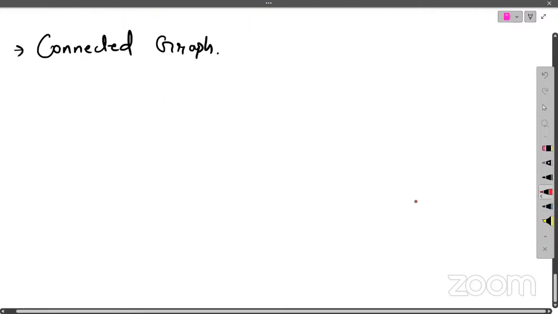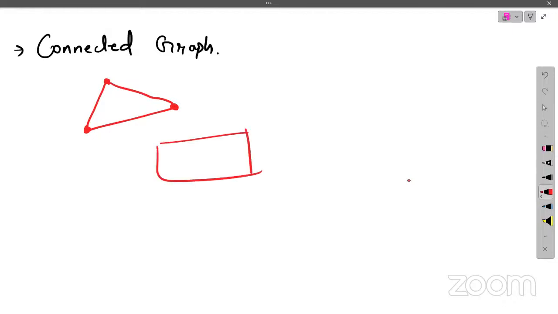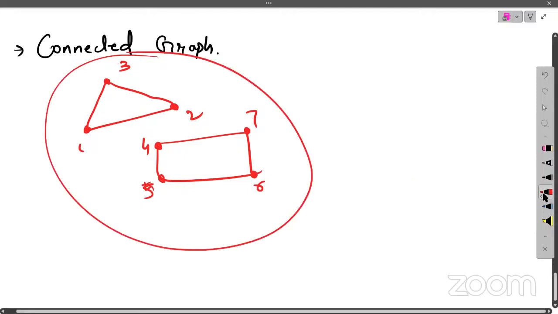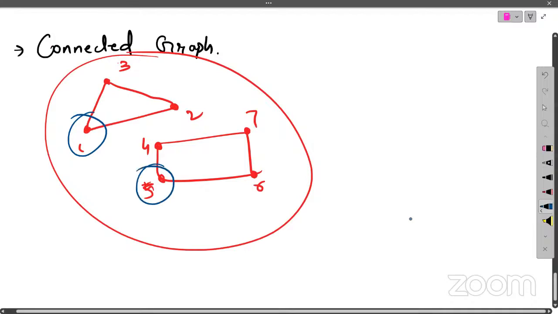But if I give you a graph like this, suppose I have this type of graph. There are 7 vertices and the edges are denoted like this. Now this whole picture is your graph. Here, we cannot reach vertex number 1 from vertex number 5 or any of these vertices, right?